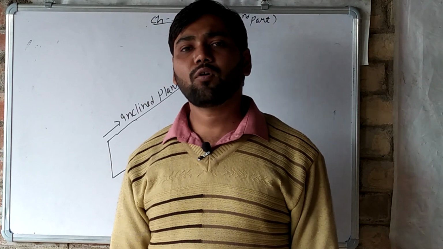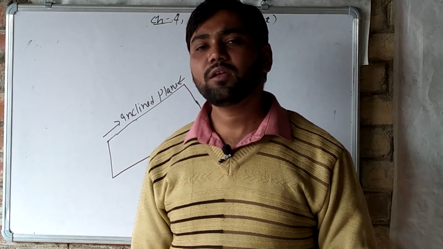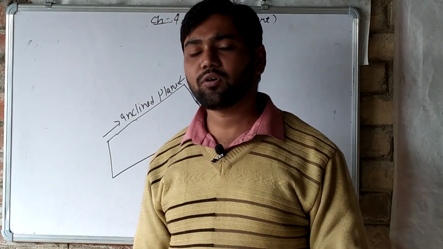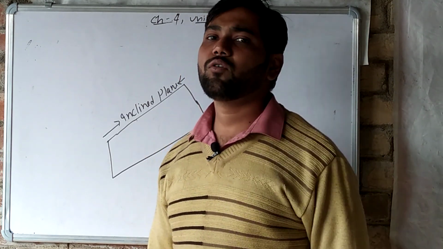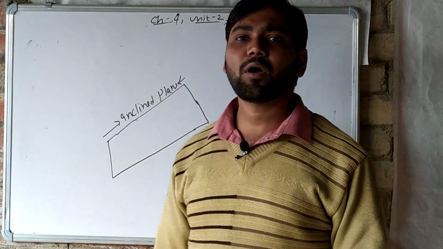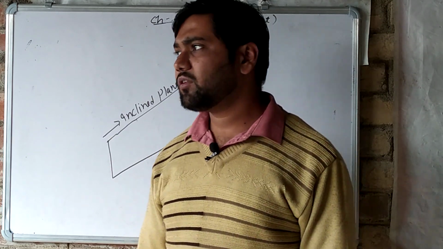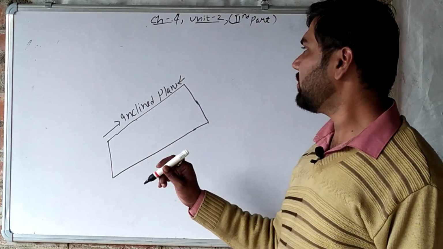So if we make an inclined plane through that boundary, we can easily go through that inclined plane and pass. That is the method by which we do not have to put in large effort. So in this type of case, an inclined plane is used.